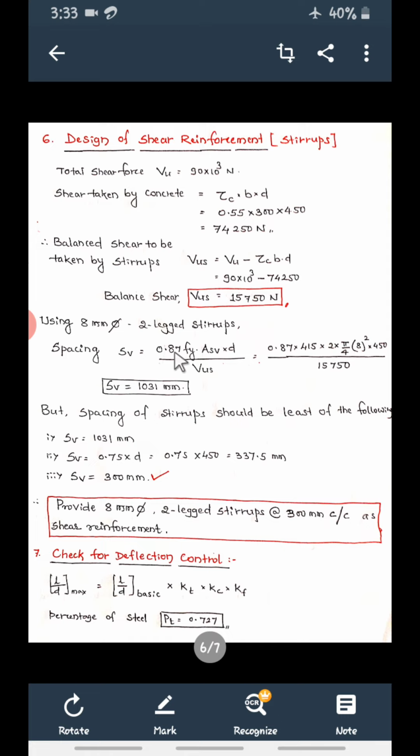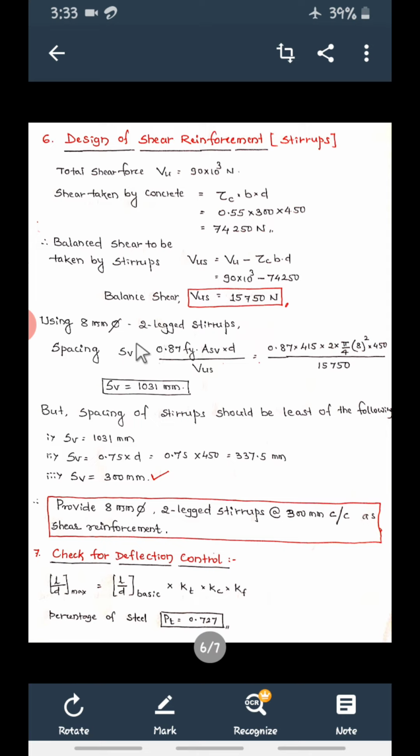So 0.87 Fy is 415. Asv, what is this? This will be the area of stirrups. So why is this 2 multiplied? Because it is two-legged. 2 into pi by 4 d square.